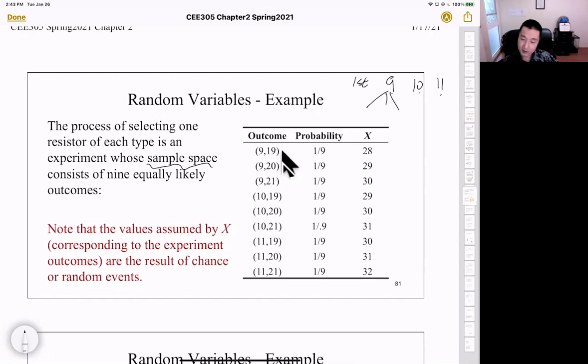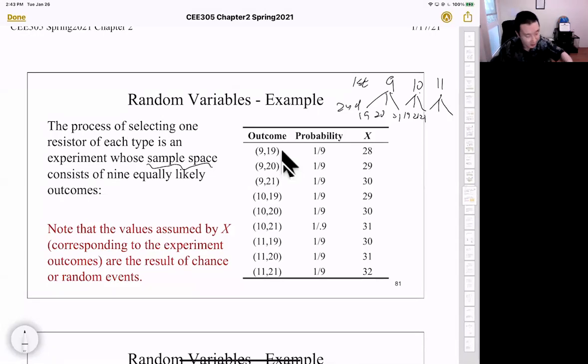If the first pick is 10, we could also get 19, 20, and 21. And the same thing if the first pick is 11. So we have 1, 2, 3, 4, 5, 6, 7, 8, 9 possible outcomes. This is how we get the table like this.